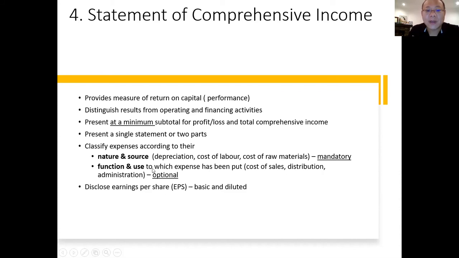Okay, function and use. Is this expense related to a sales department, a delivery department, maybe an administrative department, right? So maybe the cost of labor.